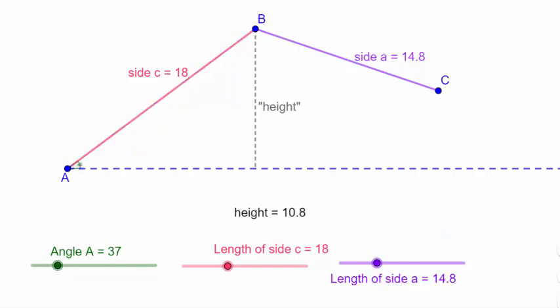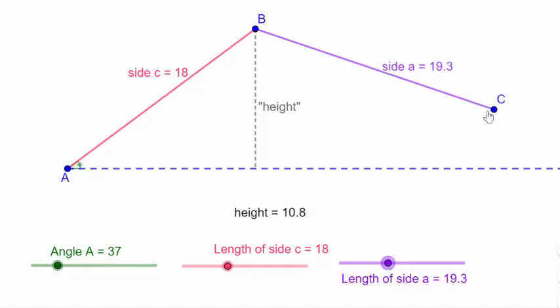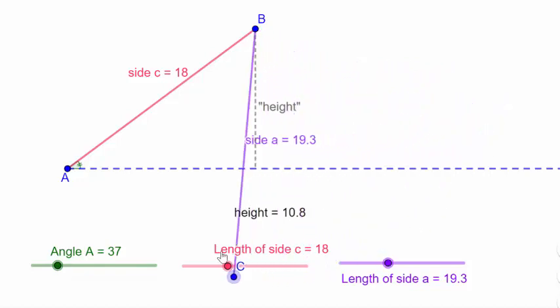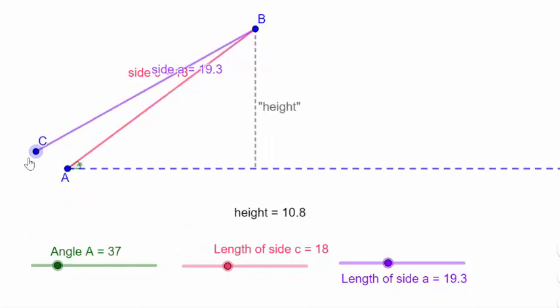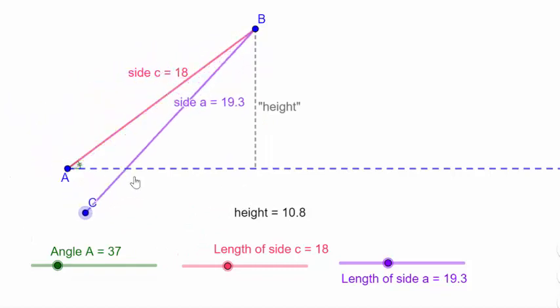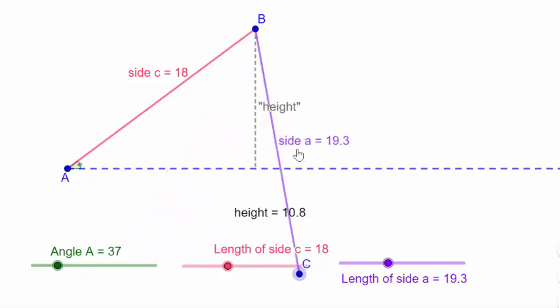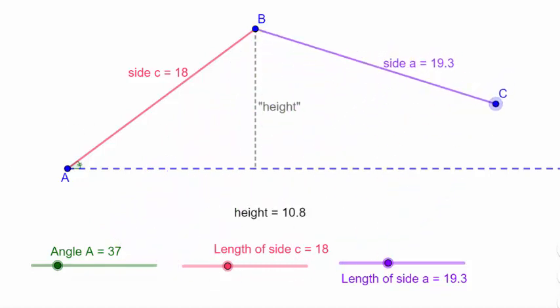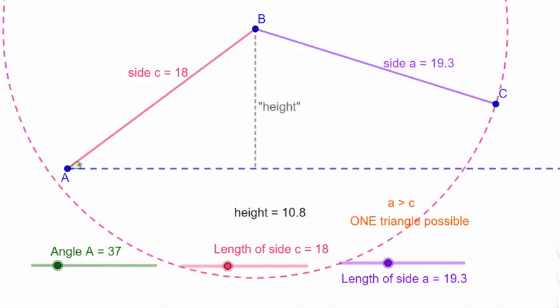Now, let's go ahead and make side a a little bit longer once again. So this time, let's make it larger than side c, and let's see what happens. As we swing it over, it misses that second point of intersection, as in the last case. But as you'll notice, it does hit in one intersection place.